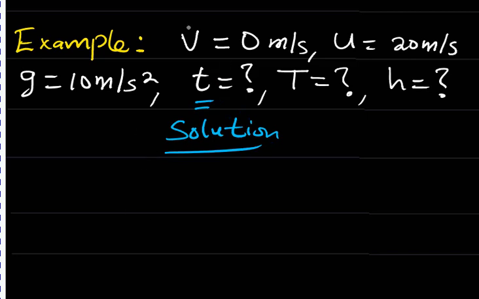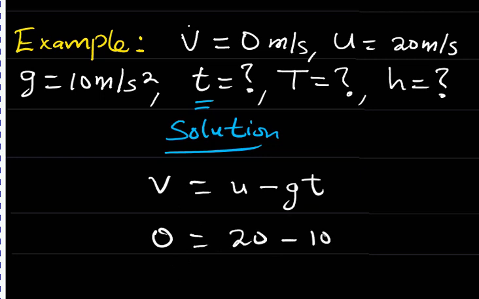Using the parameters v, u, g, and t, we are going to use the first equation. v is equal to u, then, since we are looking at the upward projection of the object, that's going to be minus gt. So inserting the values, v is equal to 0, u is 20, then g is 10, t.